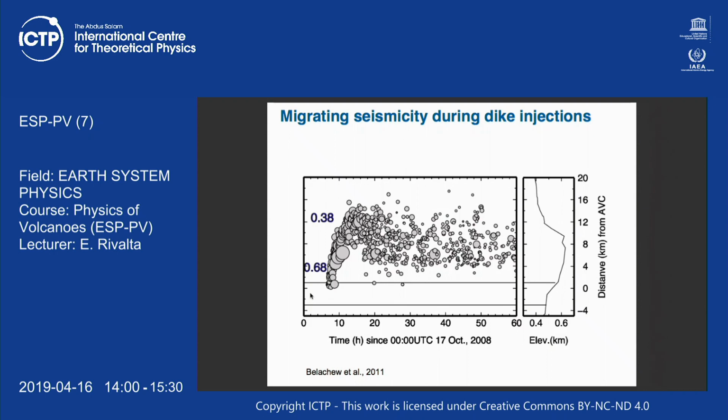Once you stop this, you create a different distribution of stress within the dike, which makes some flow go back toward the back of the dike. At least this is what I think happens, but I'm not sure. This is just my interpretation of why suddenly you start to have earthquakes at the bottom.